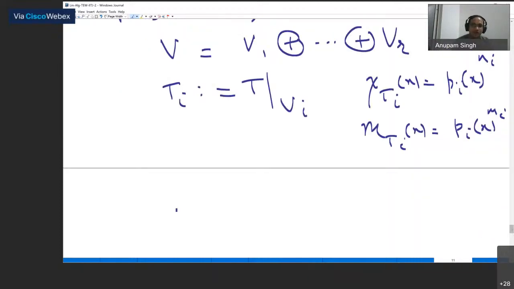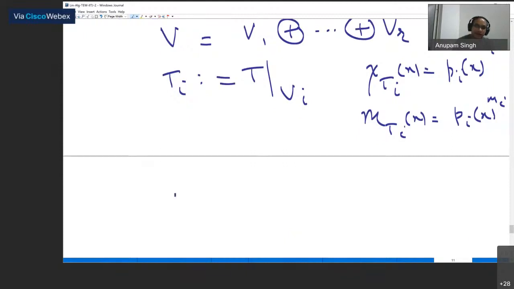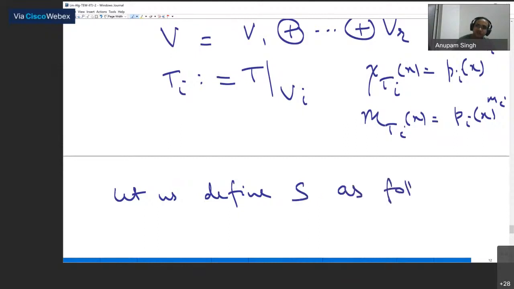Now remember, in the Jordan decomposition theorem, I had to obtain a diagonalizable element and a nilpotent element, so that T is the sum of S and N. So let us define S as follows. S will be also a map from V to V, and V is a direct sum of the Vi.